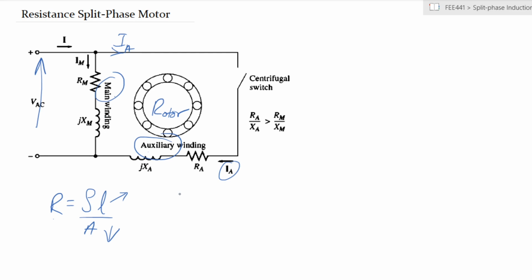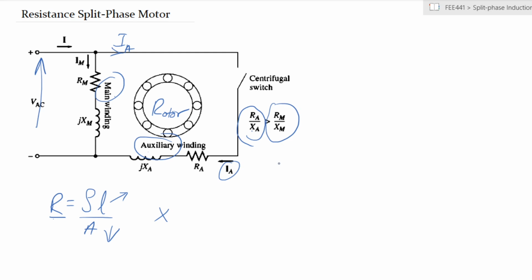In every winding, there is a value of resistance and a value of inductance, because it is a coiled conductor. In the case of the resistance split phase motor, you will have the ratios of the individual windings. The ratio of resistance to inductance, or resistance to reactance, in one winding is greater than the ratio of resistance to inductance in the other winding.